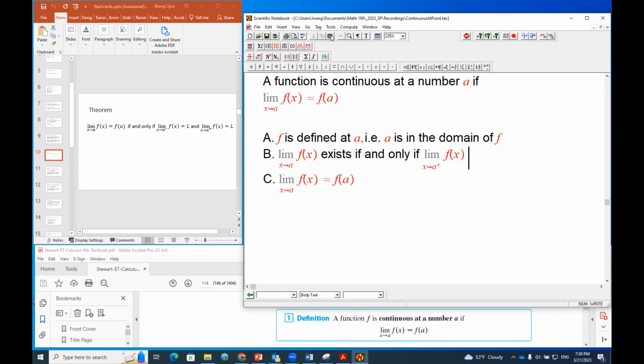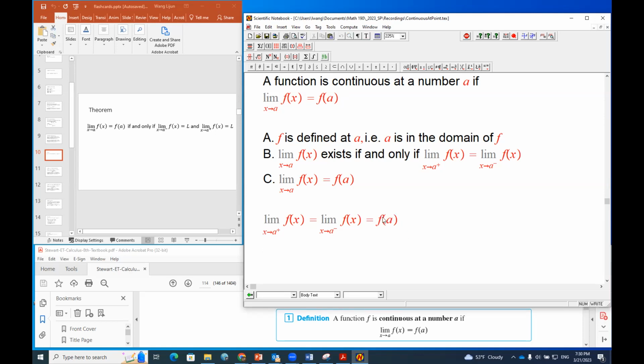And of course, the third condition says that these two would be equal to f of A.